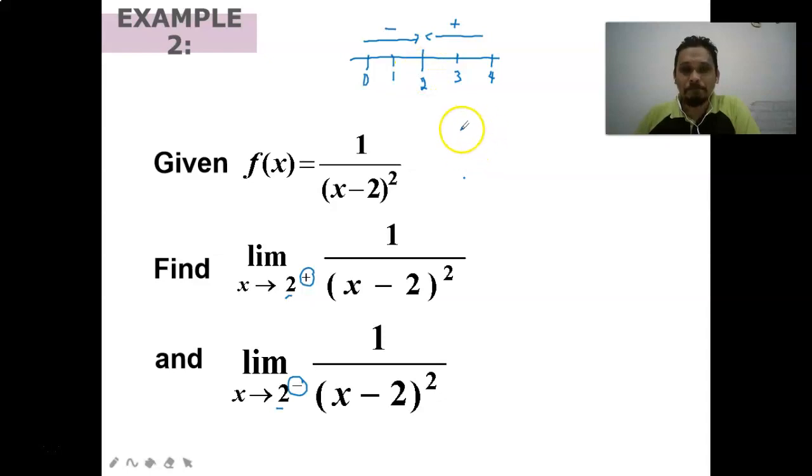Okay, so now just begin with x approaching 2 from the right side. Let's say 2.5.